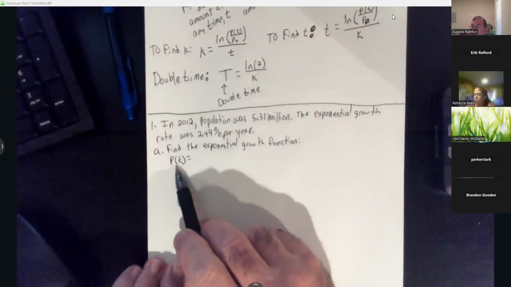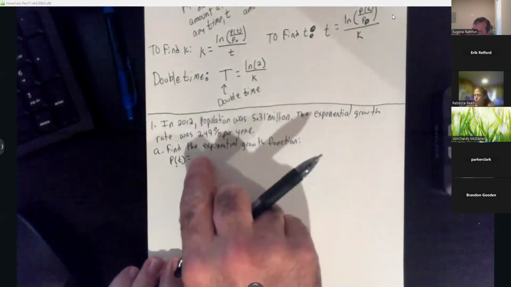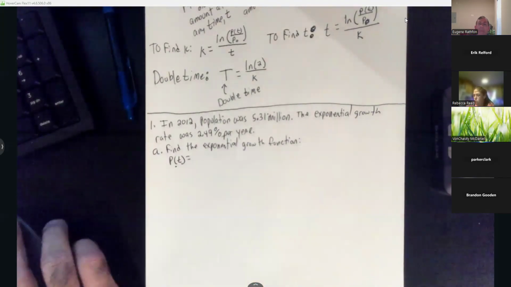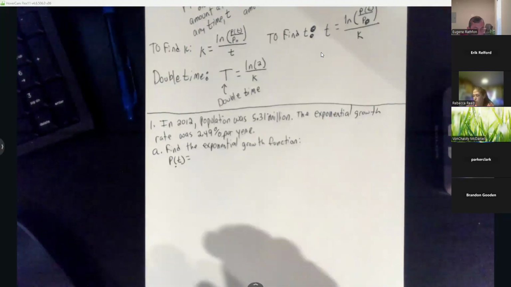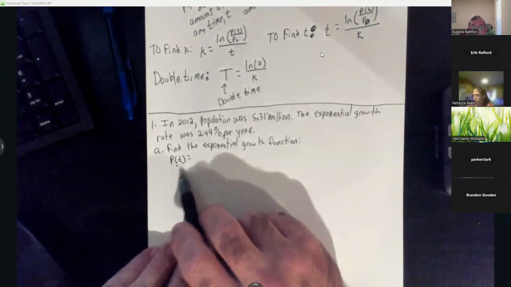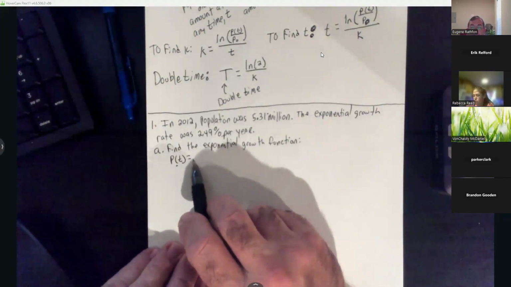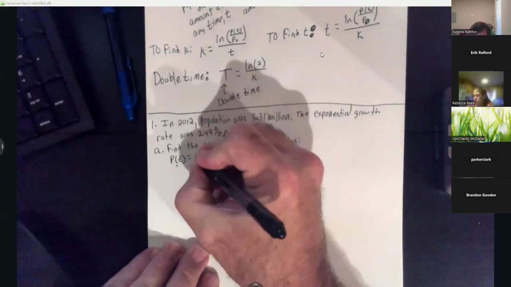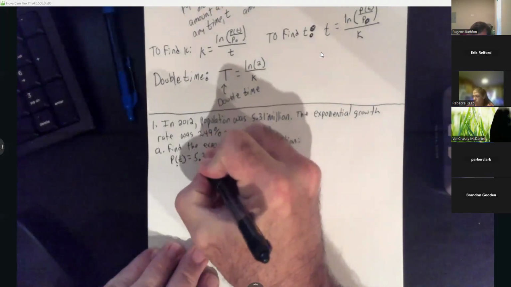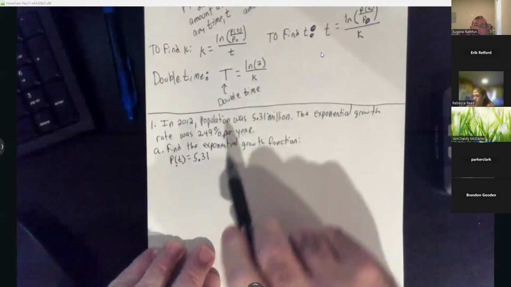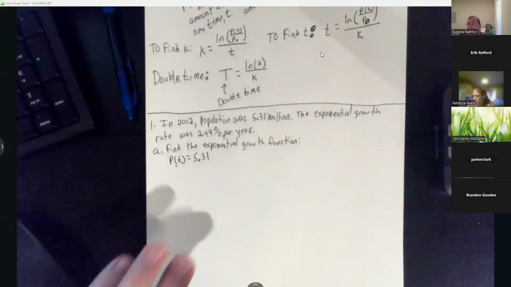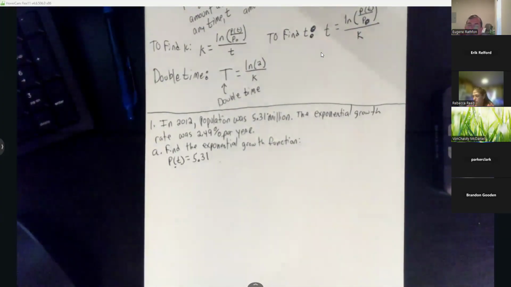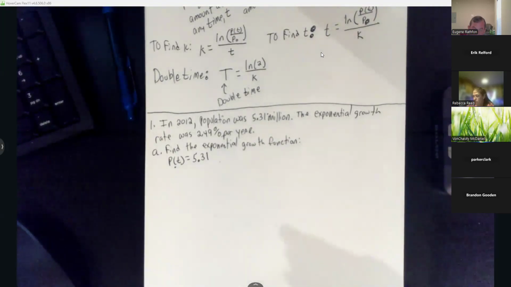Now, MATLAB will already have the P of t there. What we got to do is put in our formula. All right, so remember, P of t equaled P original. Well, the original would be 5.31 million. So we're going to bring down our 5.31. Now, I'm not going to write million in here because it's understood whatever answer we get will be in the millions, okay?